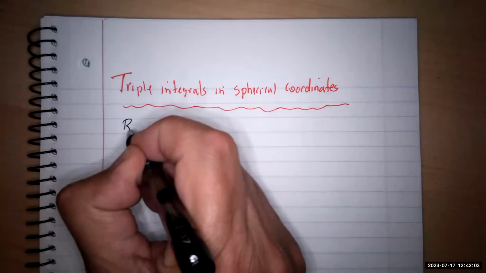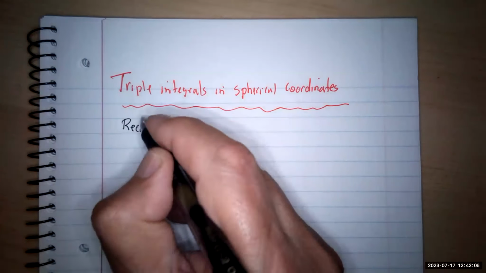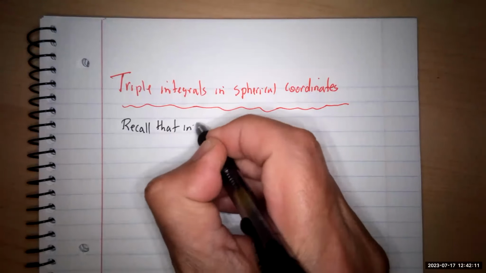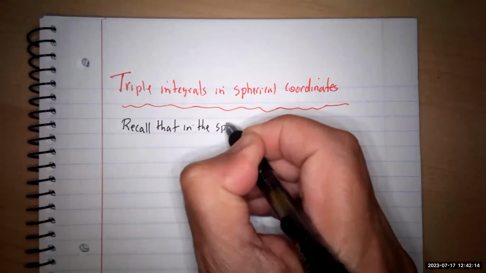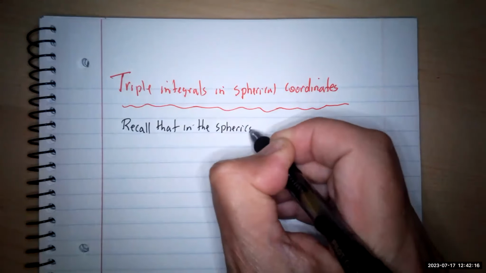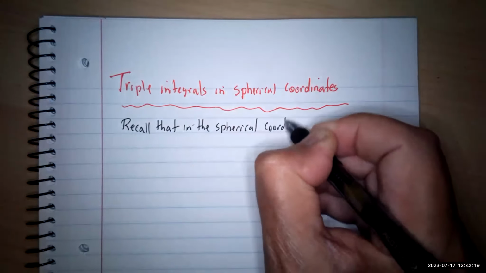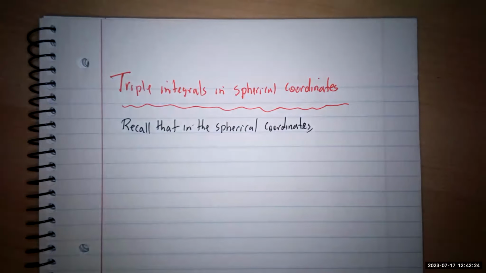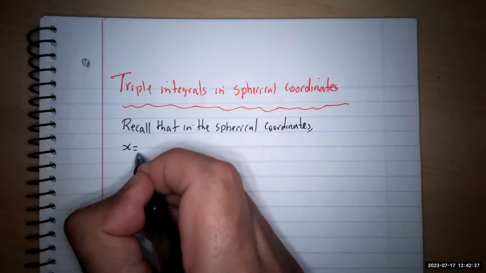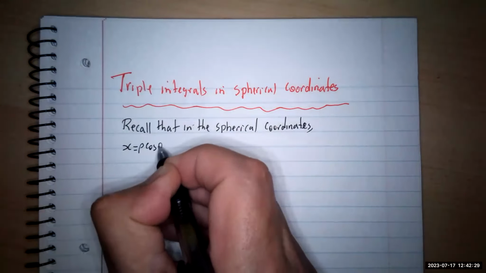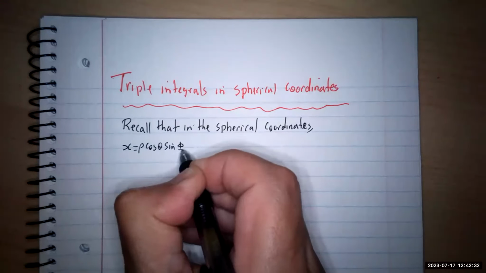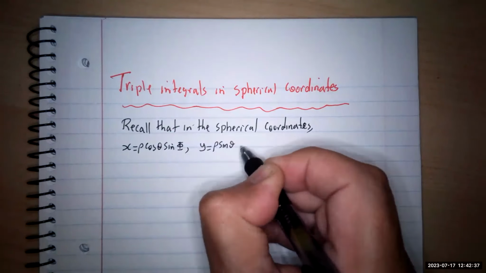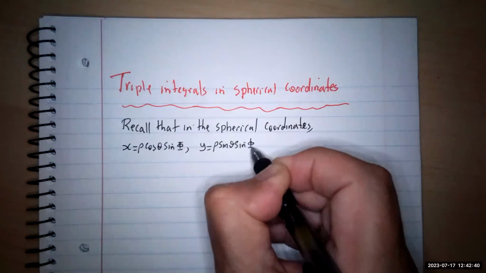I just recall once, so I have this formula available. Recall that in spherical coordinates, this is the situation once more. x is equal to rho cosine theta sine phi. y is equal to rho sine theta sine phi.